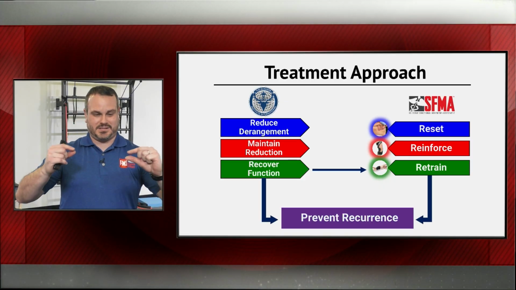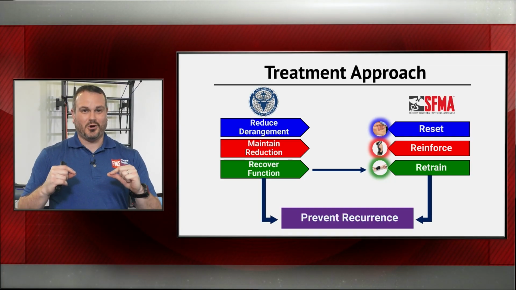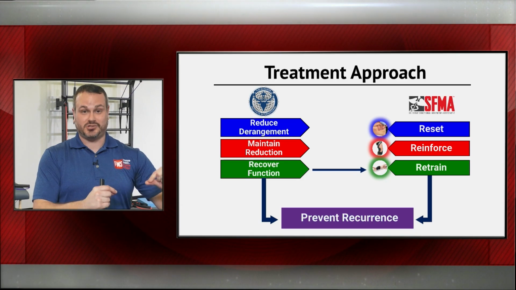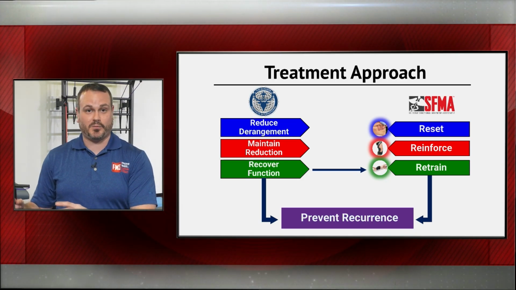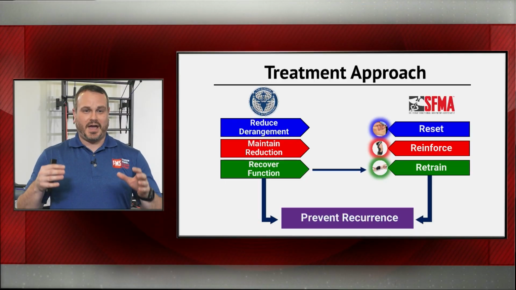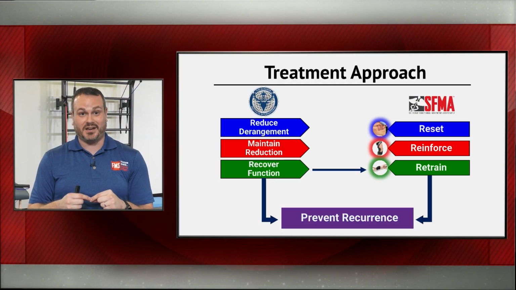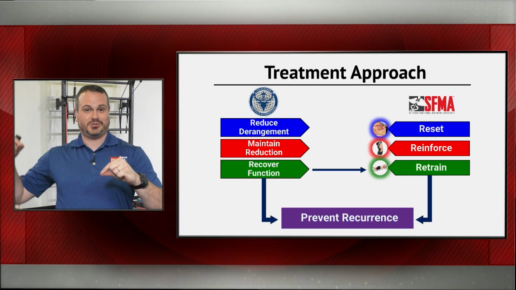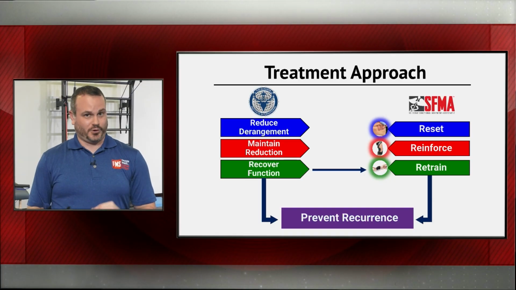So whereas in our last category, the mobility dysfunction category, we were able to very quickly shift from, all right, we did the mobility work, now we're going to go right into the SFMA, a lot of times within the same session. This one, the direction-specific exercise, more times than not, you're probably not going to run the SFMA breakouts and program off the SFMA in the first couple of sessions.